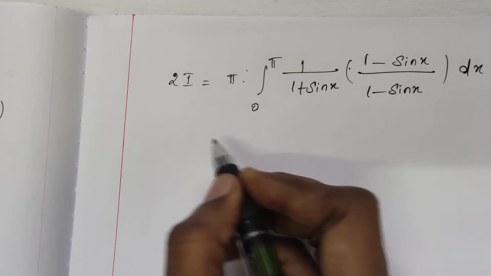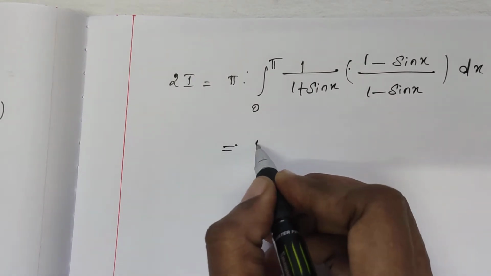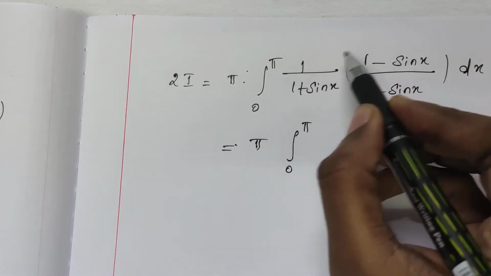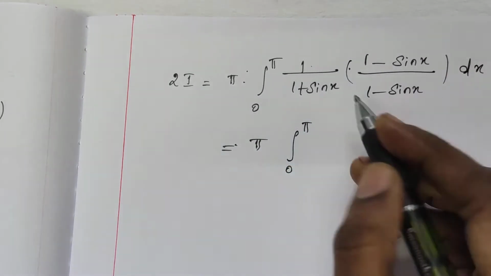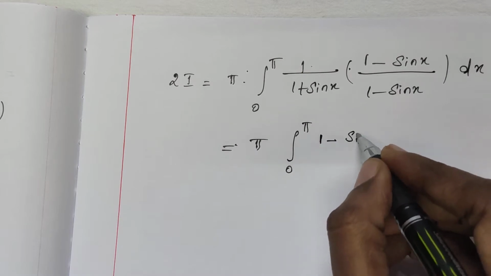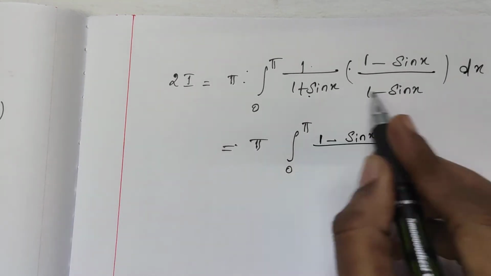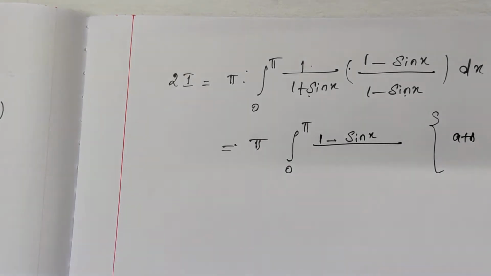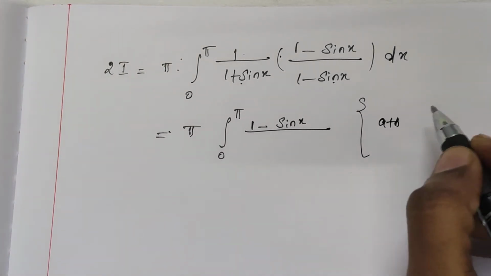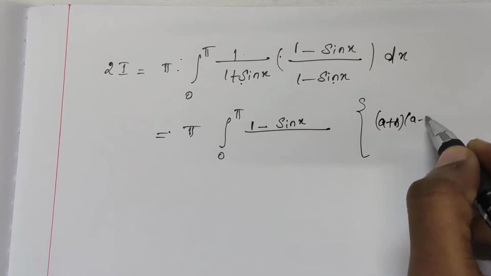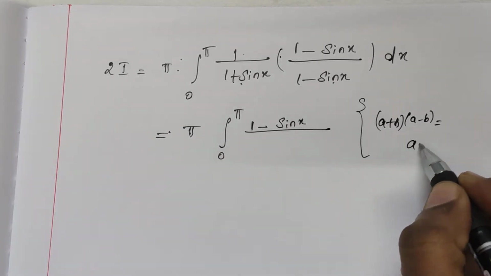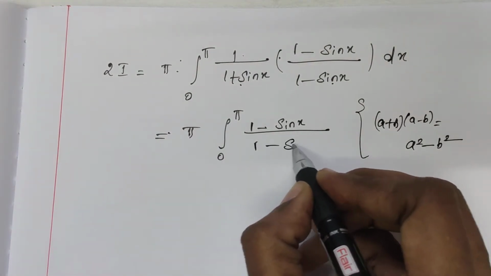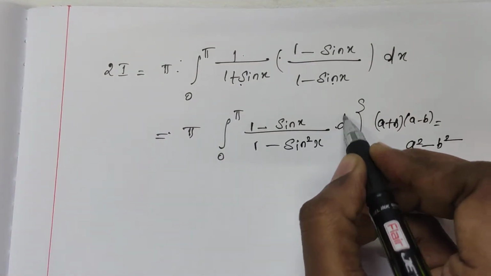The denominator is of the form a plus b into a minus b equal to a squared minus b squared, so we get 1 minus sin squared x.